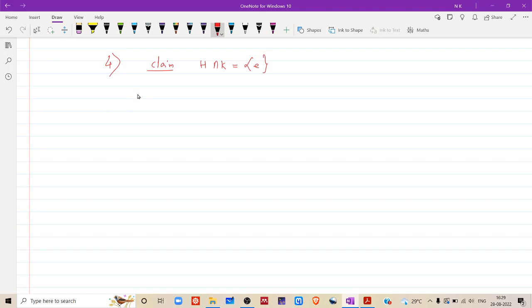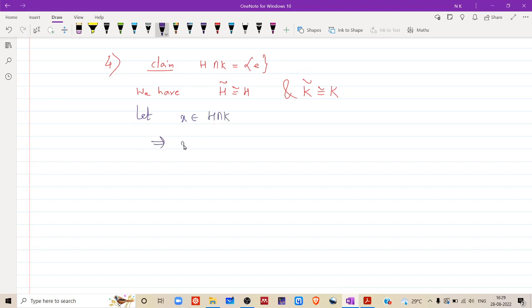But we have just established something. We have proved that h tilde is isomorphic to H and k tilde is isomorphic to K. So any element of H can be identified as an element of h tilde, and any element of K can be identified as an element of k tilde. So let x belong to H intersection K, right?